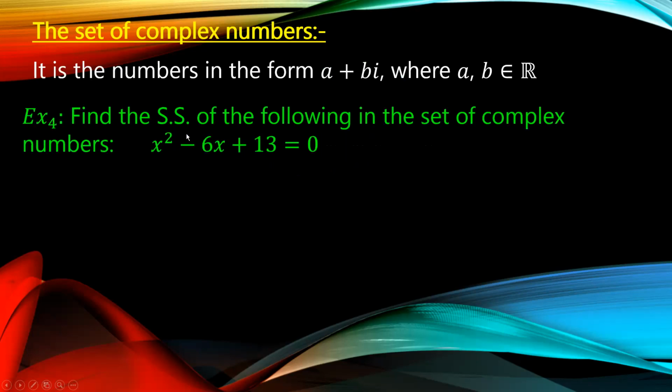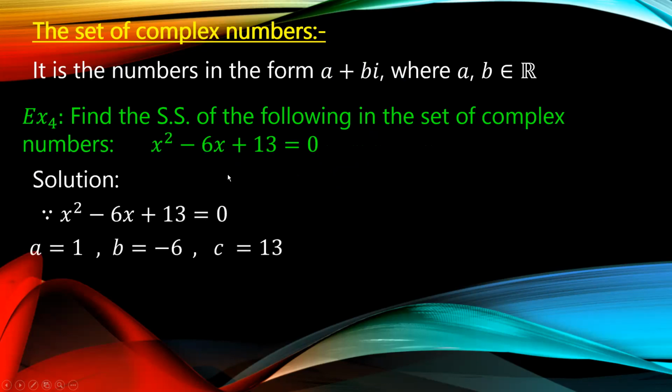Find the solution set in the set of complex numbers: x power 2 minus 6x plus 13 equals 0. I will use the general formula. a, the coefficient of x power 2, equals 1. b, the coefficient of x, equals negative 6. And c is the absolute term.